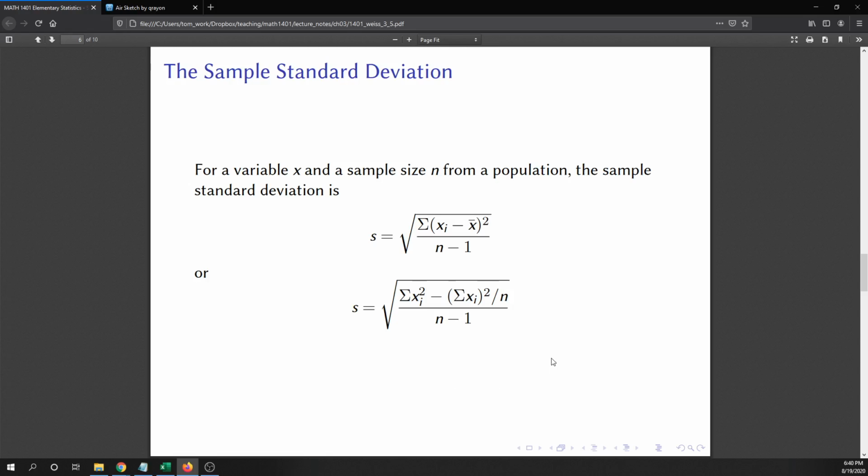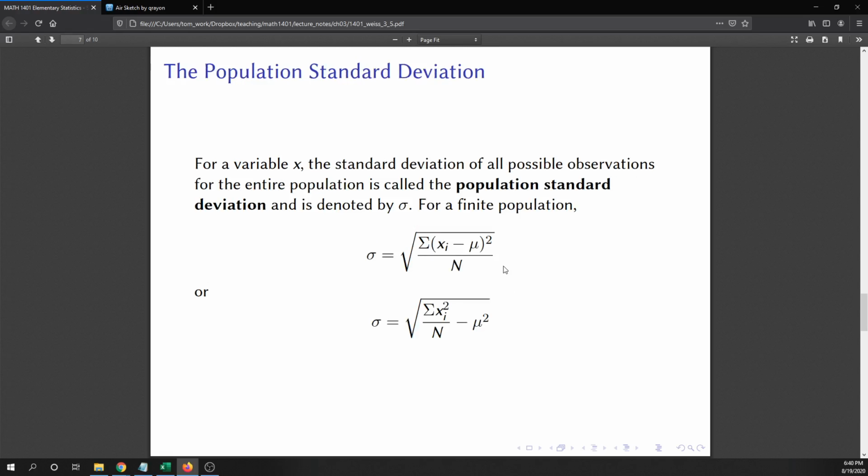And so it just turns out that if you use the sample size minus 1 in the sample standard deviation, the information that we get from the sample standard deviation just better reflects the population standard deviation. All right, so it's kind of hard to explain that point at this point in the course.